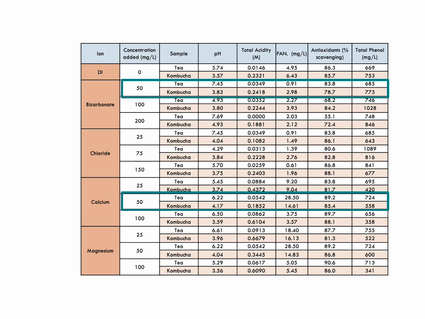In all cases, as you would expect, as we move from tea to kombucha, we see a dramatic decrease in pH. Right? So for the first one, for the bicarbonate, we see it go from a pH of 7 down to a pH of about 3.8. It's 7 because we have the bicarbonate in there sort of buffered. But then we looked at calcium, we went from a pH of 6.2 down to a pH of 4.17. Right?